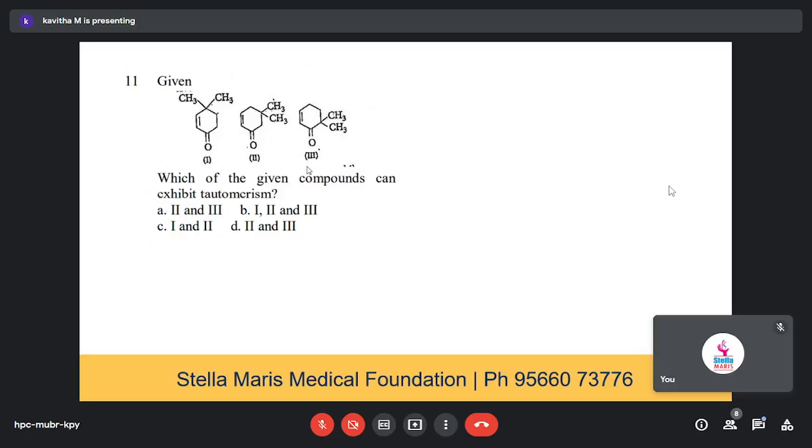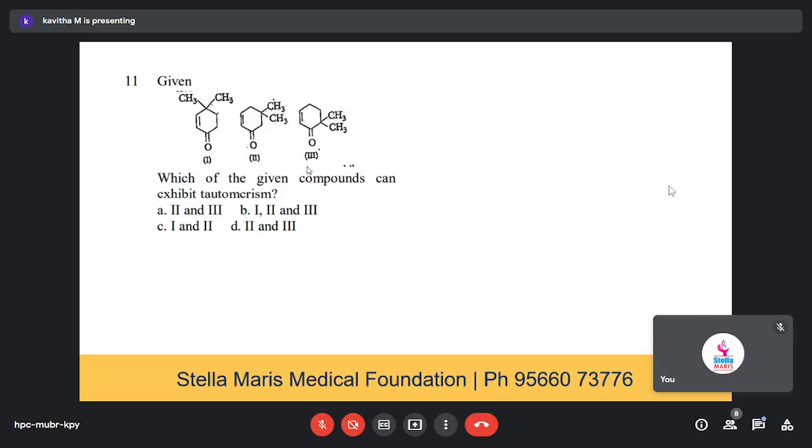Tautomerism is migration of hydrogen from one place to another because of the shifting of the pi bond. That is called tautomerism.